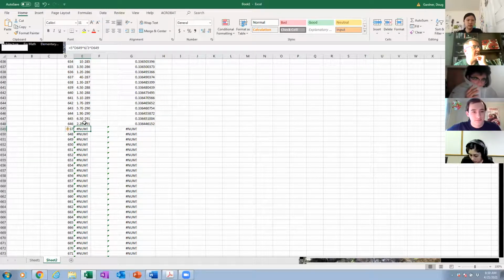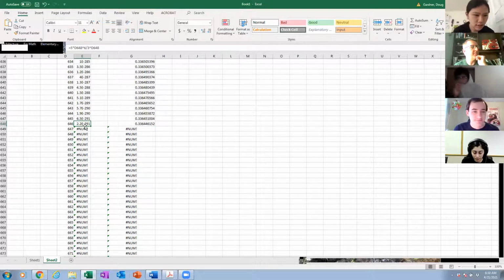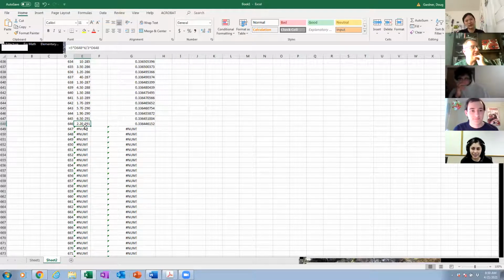Oh, I see why it is. Look at the size of the terms right here. 2.2 times 10 to the negative 291. That term is so close to 0 that it's insane. So basically it can't even display it. The number is so small. So now it's trying to divide 2 numbers that are so tiny, and it just can't handle it. That's what's going on.